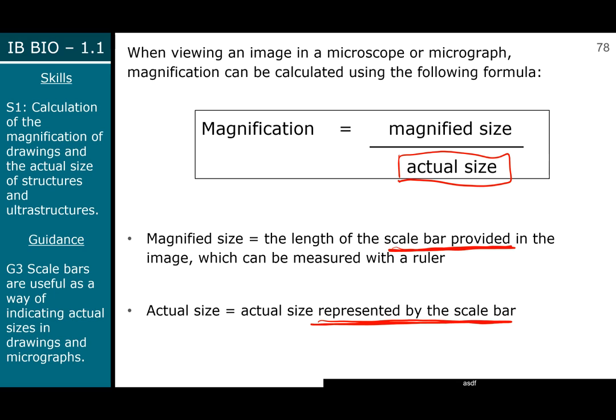Do you think you can figure that out? Say the length of the scale bar is 50 micrometers, and the actual size represented by the scale bar would be like an inch. Okay? Got it?